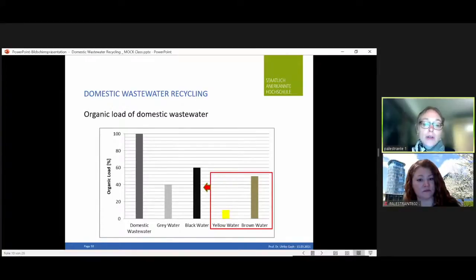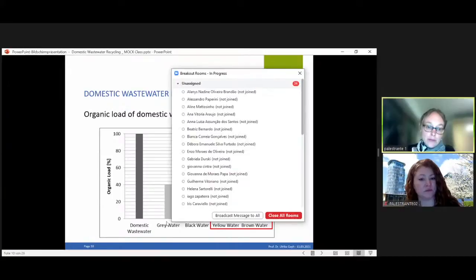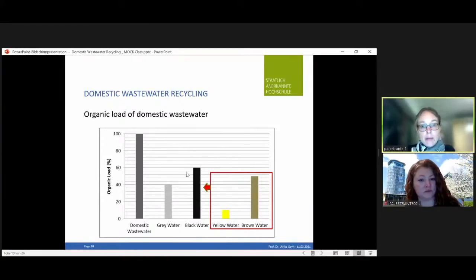There is a lot of loading included there, but you have one big parameter which is just called the organic load, which needs to be degraded in a wastewater treatment plant. When you say your organic load of the domestic wastewater is 100%, as shown here in the graph, you see that around 40% of that load is from the gray water and about 60% is in the black water.